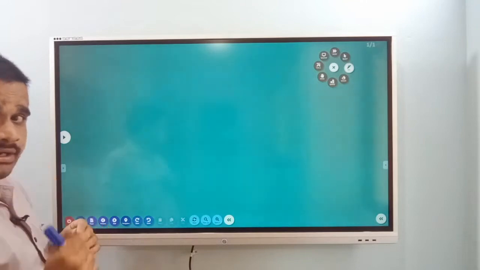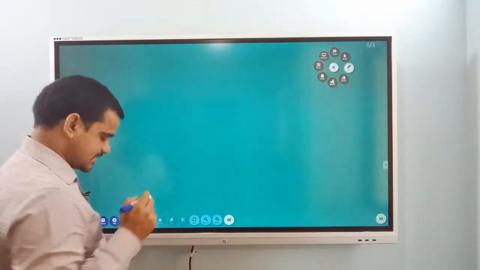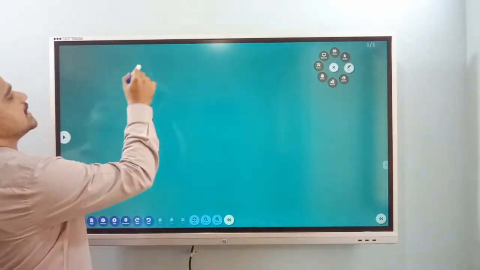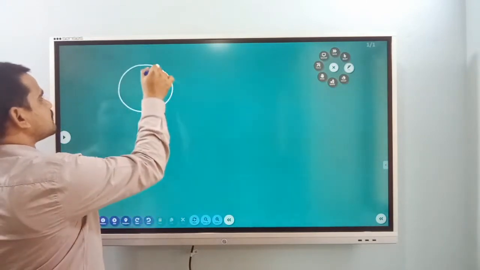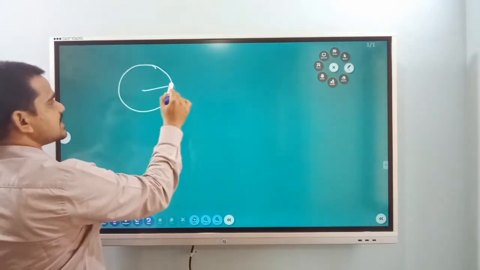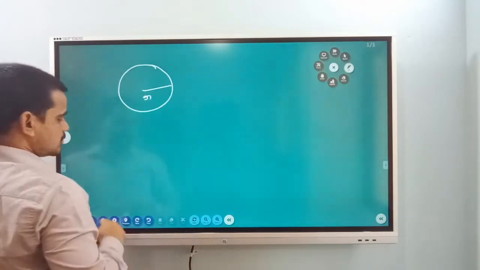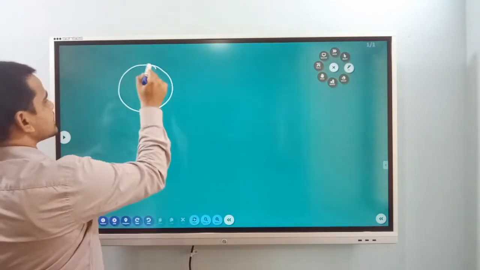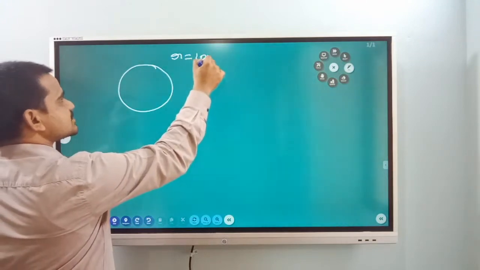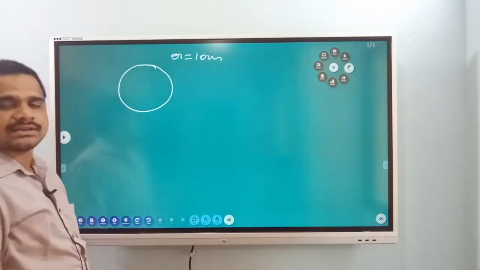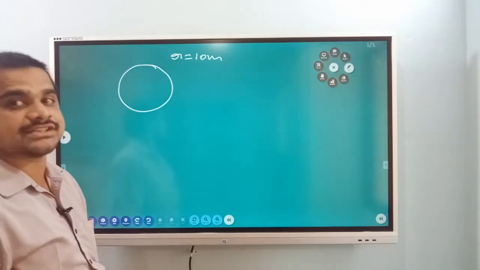We'll have one numerical. I'll give one example here. A boy started riding the cycle in a circular path of radius, take it as 10 meters, with a constant speed.